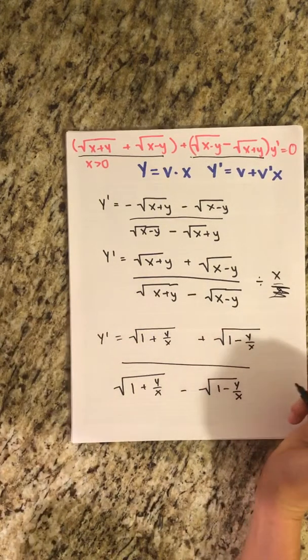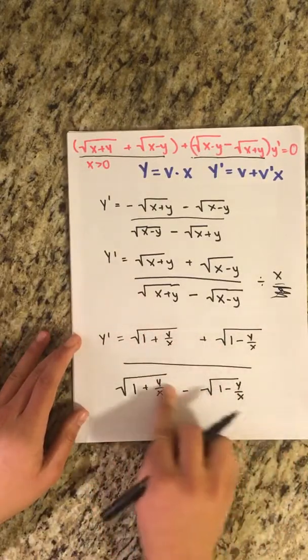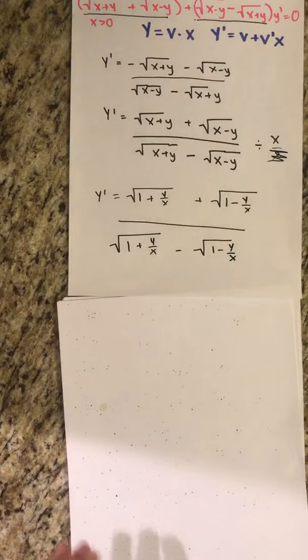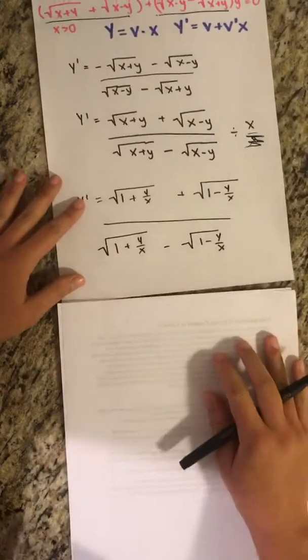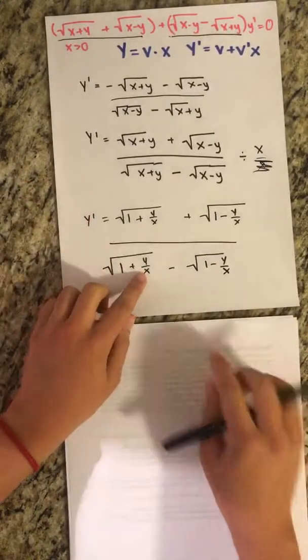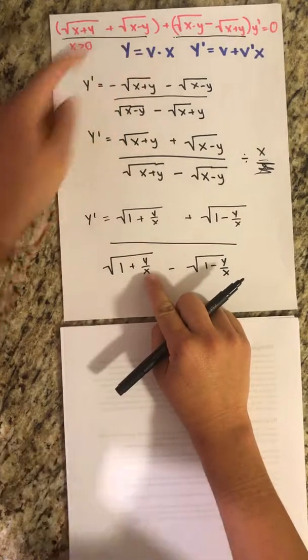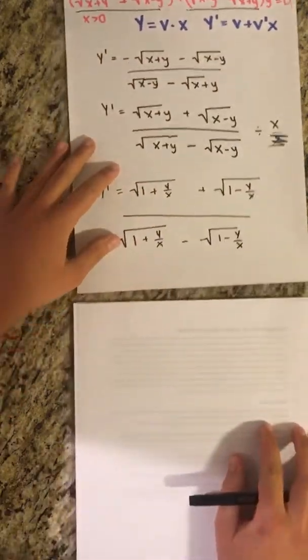So then what I want to do is take this and substitute all the y over x for v's and substitute the y prime as well.